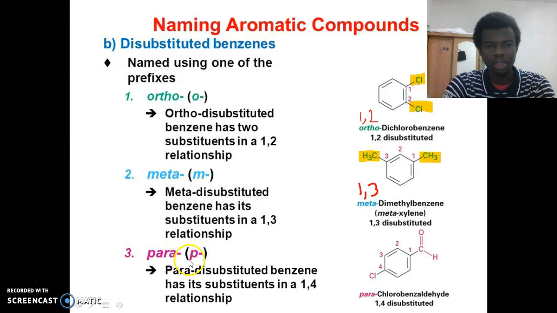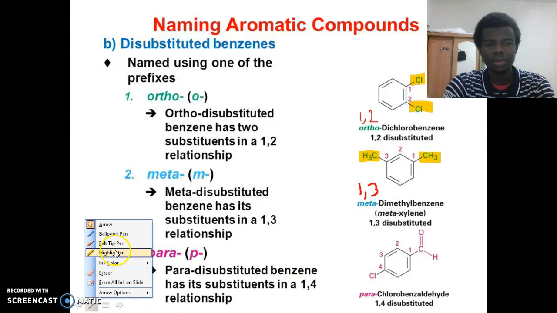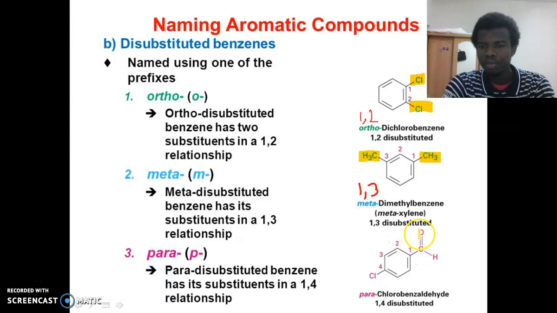Now the third one we have is para. Para disubstituted benzene has its substituents in a 1,4 relationship. For example here, this substituent and this substituent, they are in a 1,4 relationship, hence they are para.